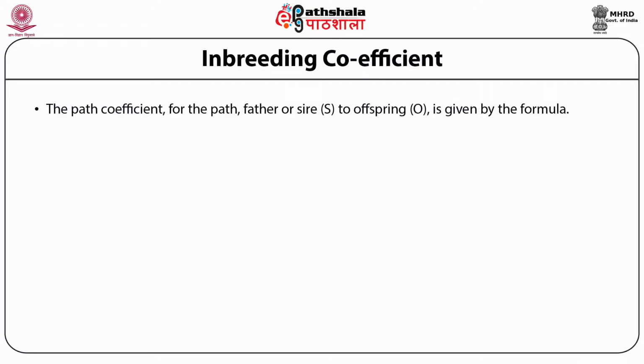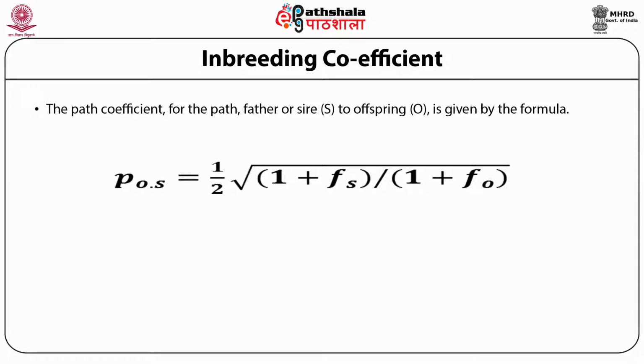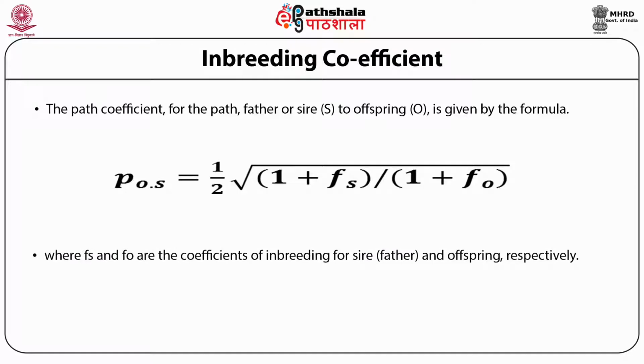The path coefficient for the path father or sire S to offspring O is given by this formula: PSO = 1/2 √((1 + Fs)/(1 + FO)), where Fs and FO are the coefficients of inbreeding for sire or father and offspring respectively.